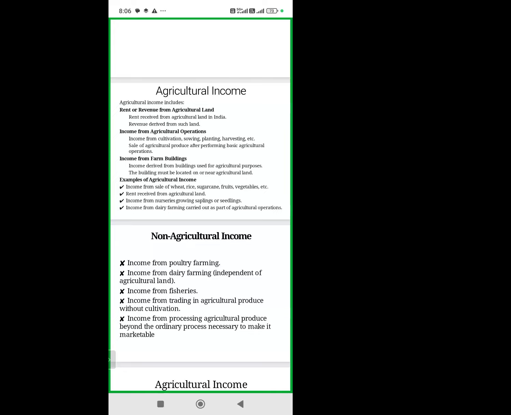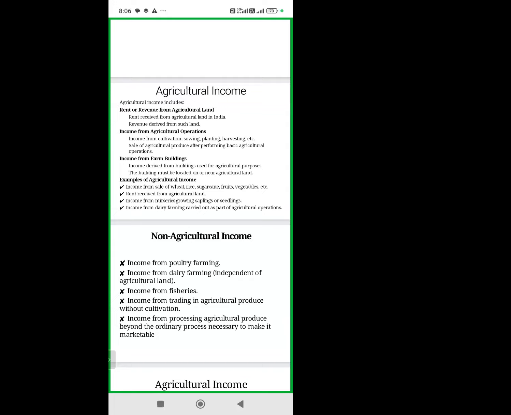So here, if we consider income from sugar cane in terms of jaggery production, that activity is undertaken in farmland, then it can be considered as agricultural produce, because certain processing is done there itself.